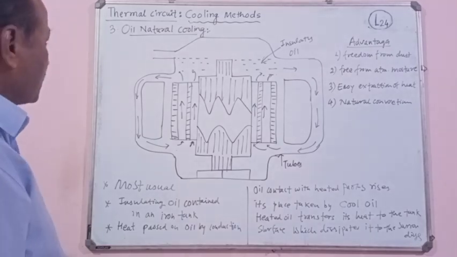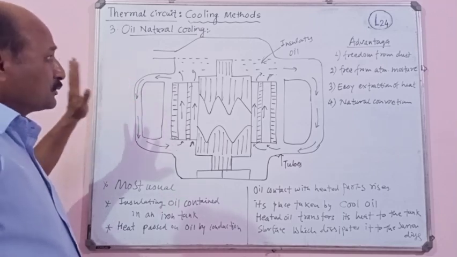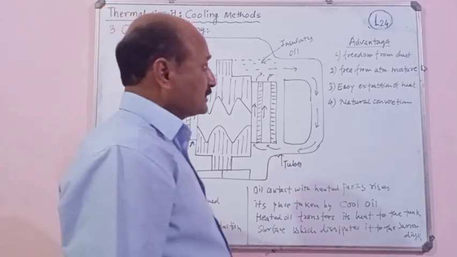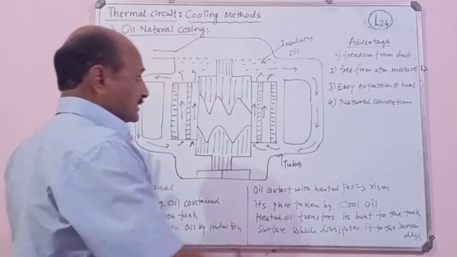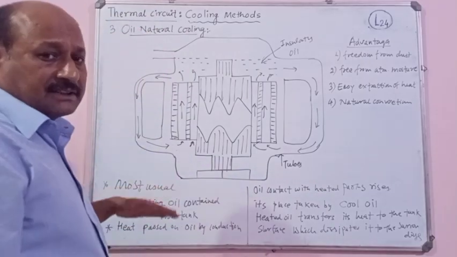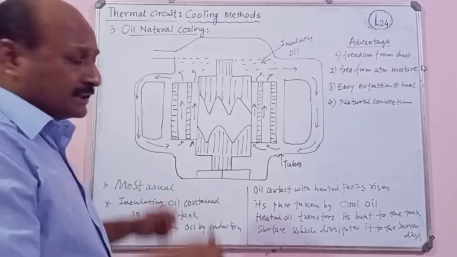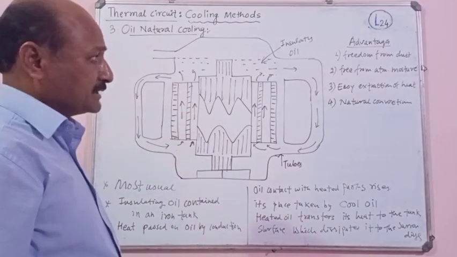So in this way, oil natural cooling is a very useful method for cooling purposes due to the following advantages. First, freedom from dust, as this is a compact unit consisting of insulating oil in which the whole assembly, that is the core and winding, is placed.